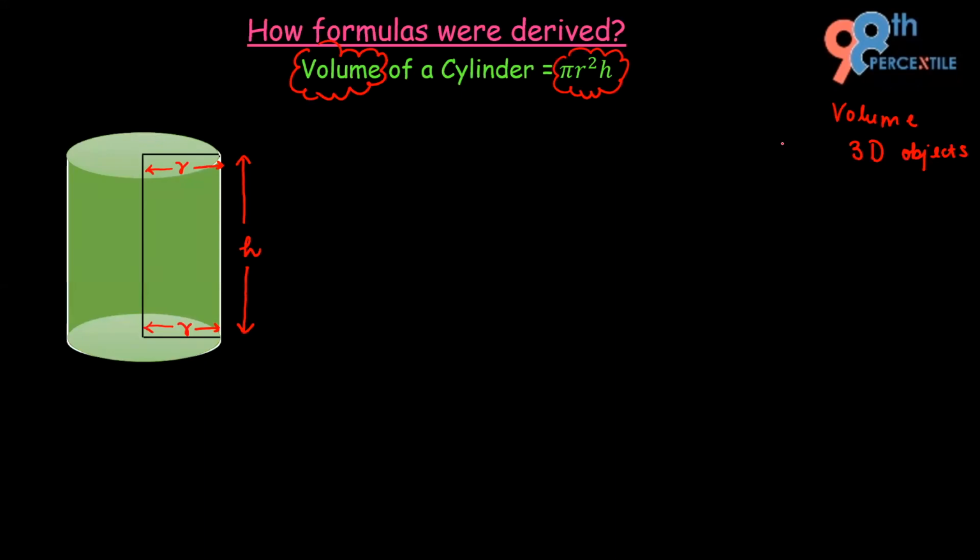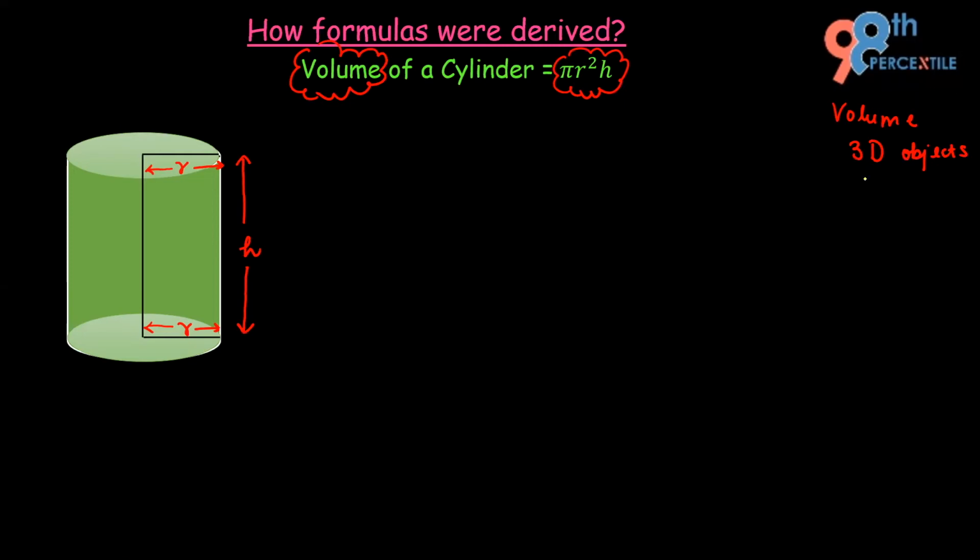For example, the volume of a square has no meaning. If I say volume of a circle or volume of a trapezoid, these statements do not have any meaning. Why can't we find the volume of a square or a circle? In order to understand that, we need to understand the meaning of volume.